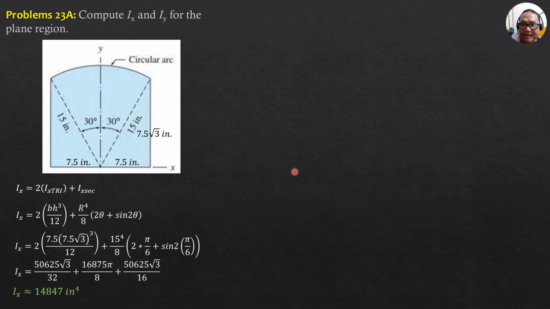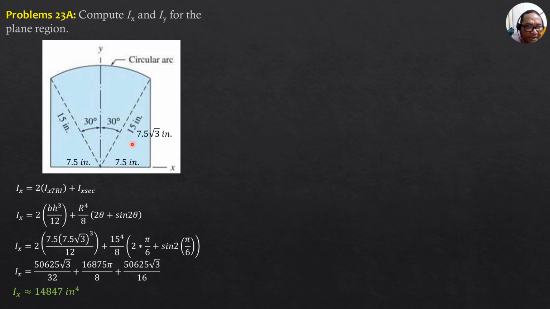Then for the Iy, so we have Iy of two triangles. We need to use transfer formula for moment of inertia. This is the y-axis and this is the centroidal y-axis of the triangle.